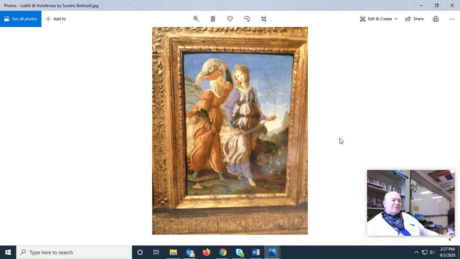So let's talk about the story of Judith and Holofernes. Like so many other paintings of the Renaissance era, these paintings were themed from the Bible. There was an instance in the Old Testament when the city of Jerusalem and the Jews, the children of Israel, were surrounded by the Assyrians.